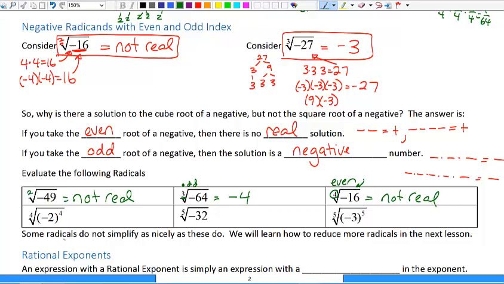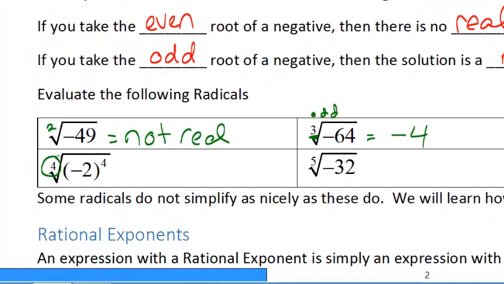All right, so this next one is a little bit tricky. And the reason it's a little bit tricky is because you have to do the inside first here. You have to take -2 and raise it to the 4th power before you can do the even root. Sometimes students will look at the even index and just say, oh, not real. But because there's a 4th power in there, we actually have to work it out.